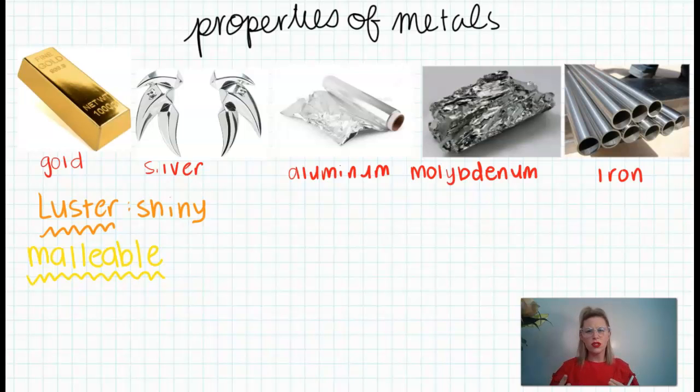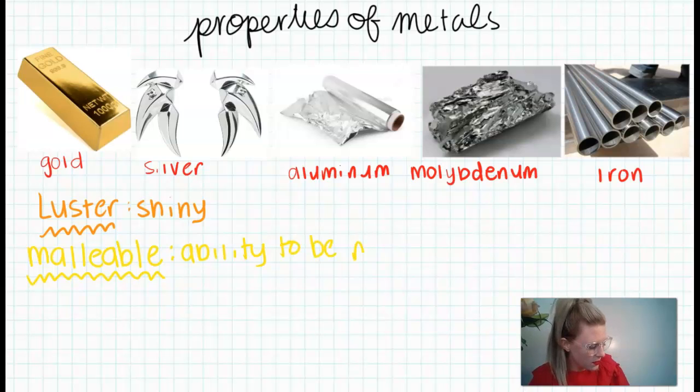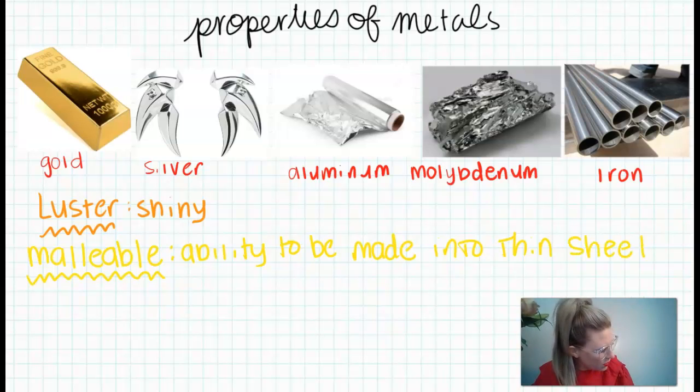You might have also heard the term malleable, saying that that means that you can be easily molded, which is another way to use that terminology. But for chemistry, we say that malleable is the ability to be made into thin sheets. And that's partially why I liked including this image of aluminum foil. It is already pounded into that thin sheet.